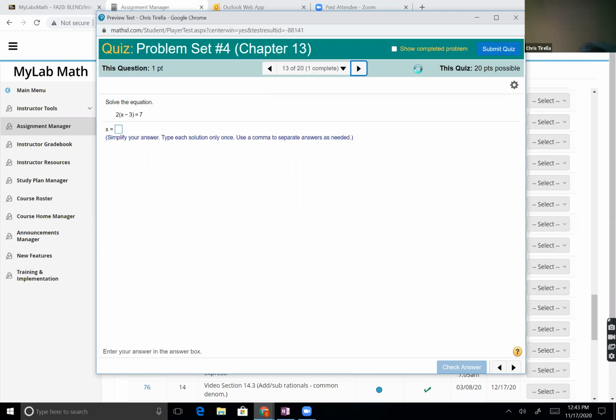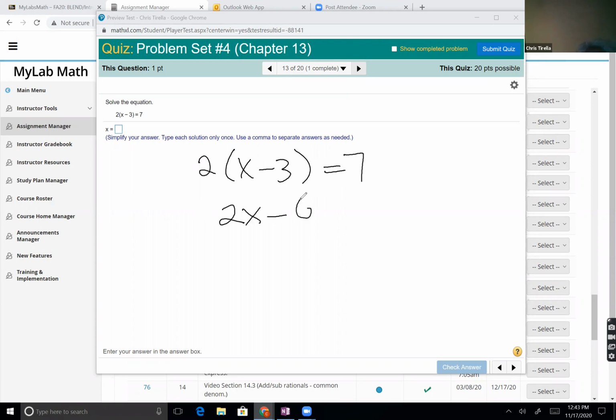Solve the equation. I'm looking at this one. And does everybody notice there's no exponents in this one? What would you do first? Maybe distribute: 2x minus 6 equals 7. Let's add the 6.